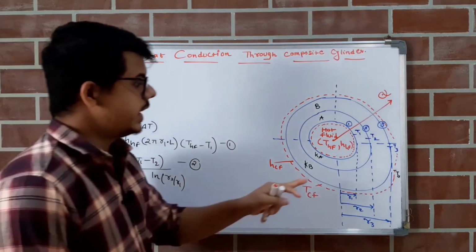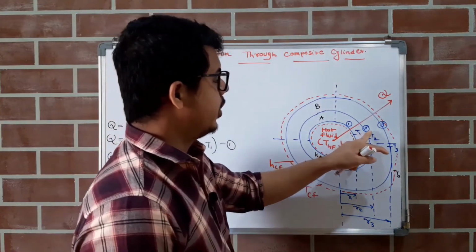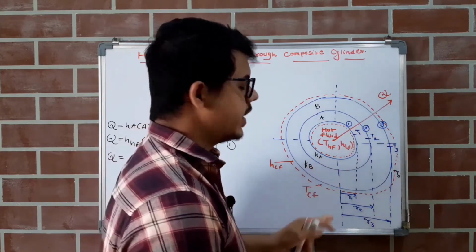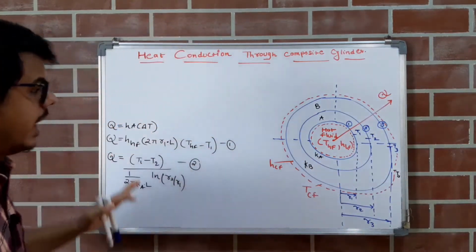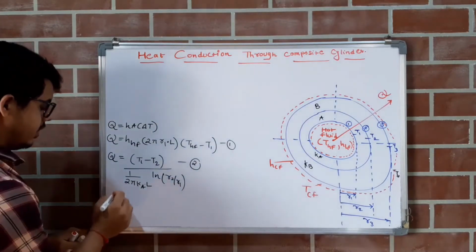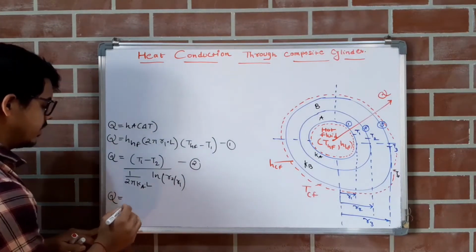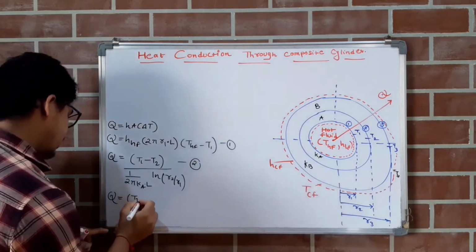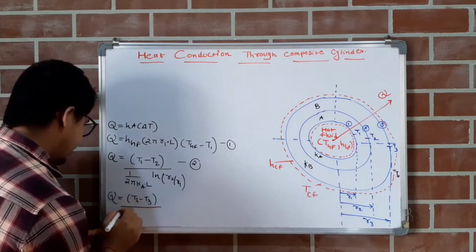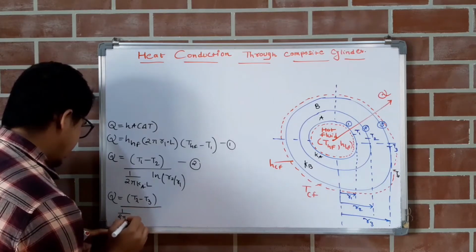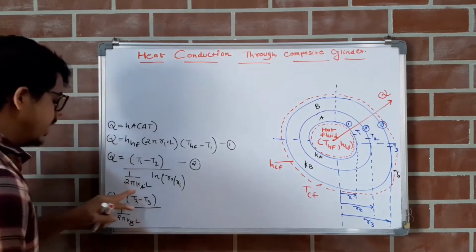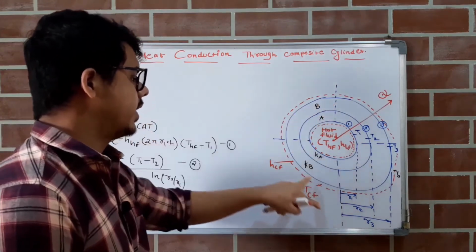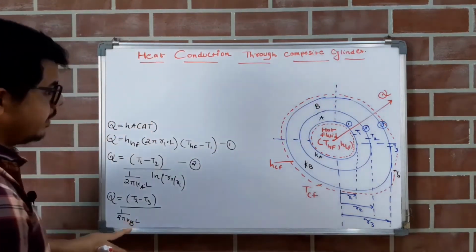Now we want to see the heat transfer between point 2 to point 3. As we have same mediums between point 2 and point 3, we will again write the formula by conduction. So Q is equals to, what is the temperature difference? It is T2 minus T3 upon 1 upon 2 pi Kb into L. Here Ka is the thermal conductivity of layer A and Kb is the thermal conductivity of layer B. Why Kb?